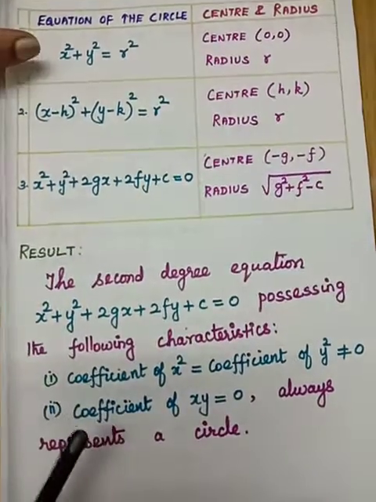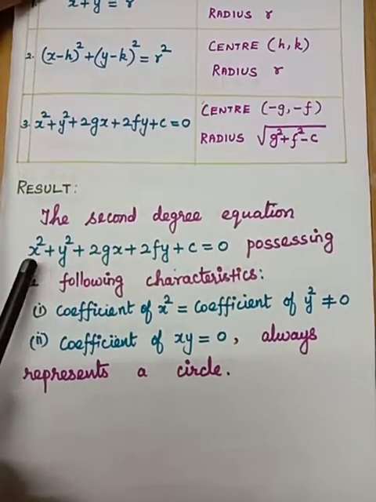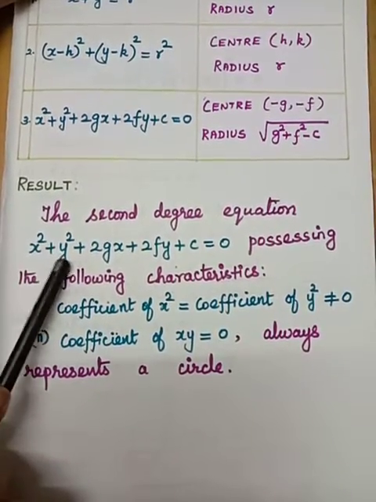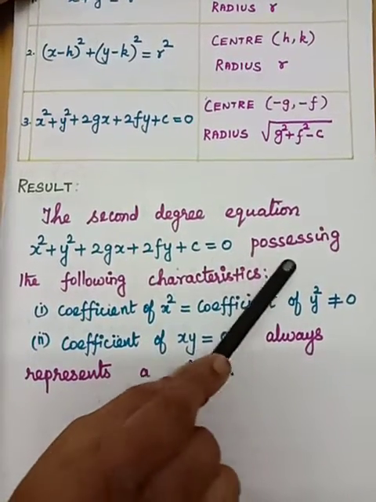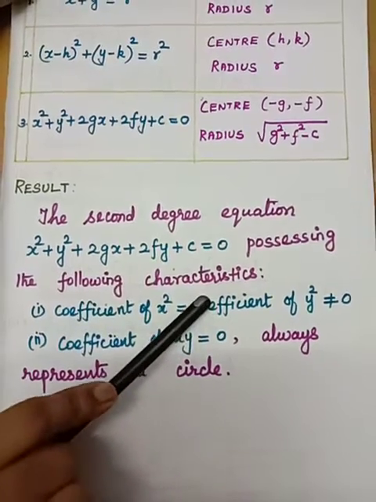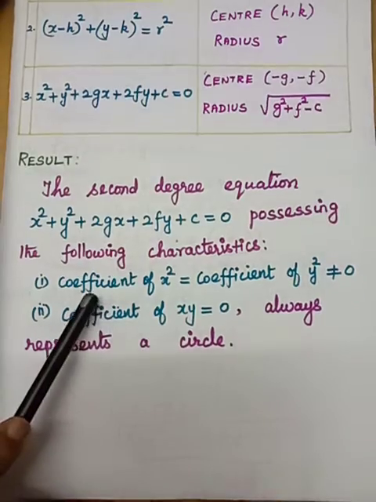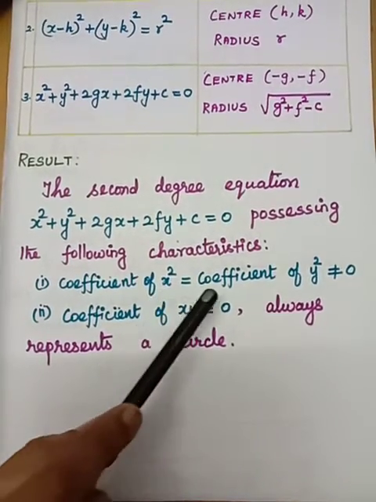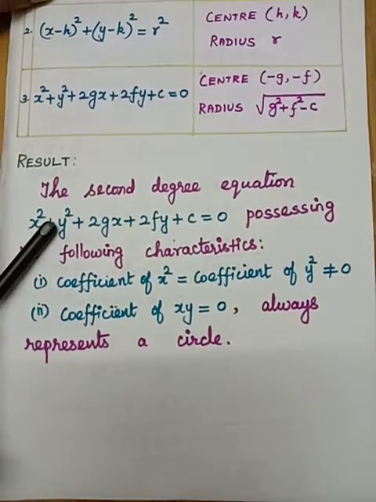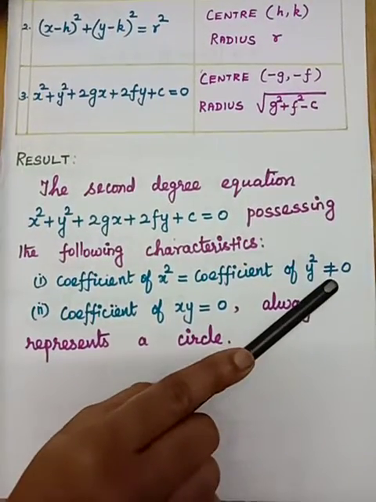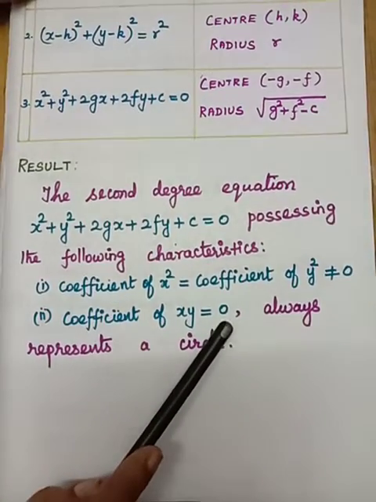See the next result. It is a very important result for the 2 mark. The second degree equation x squared plus y squared plus 2gx plus 2fy plus c is equal to 0 has the following characteristics: coefficient of x squared is equal to coefficient of y squared, which is not equal to 0, and the coefficient of xy is equal to 0.